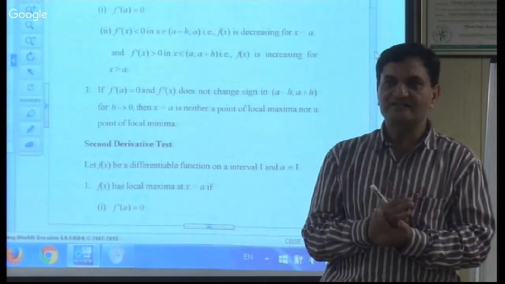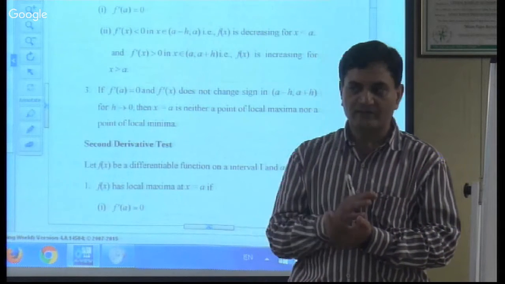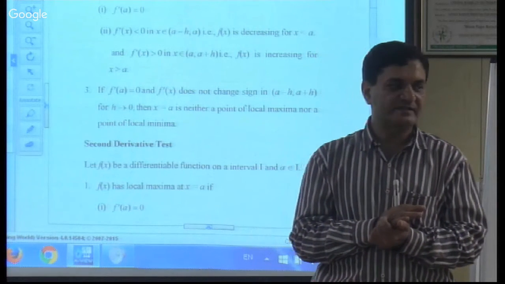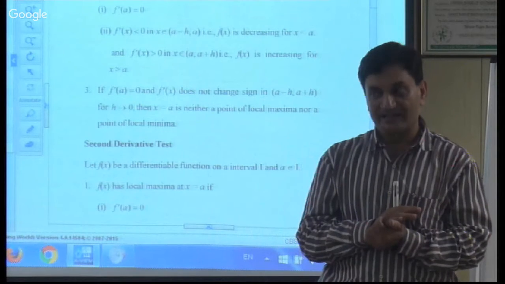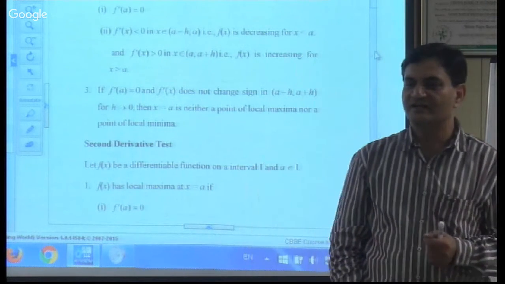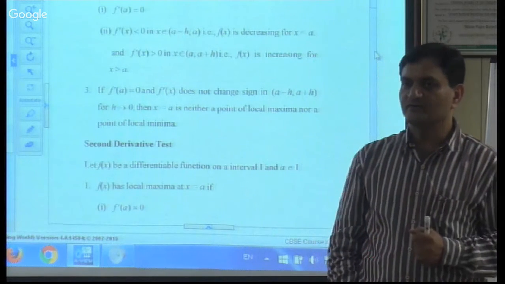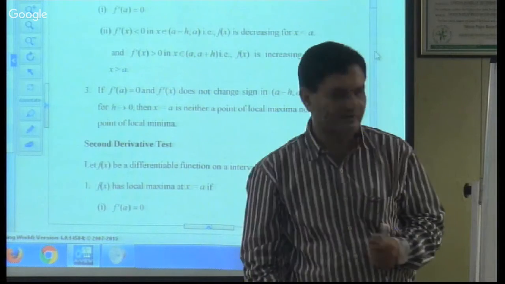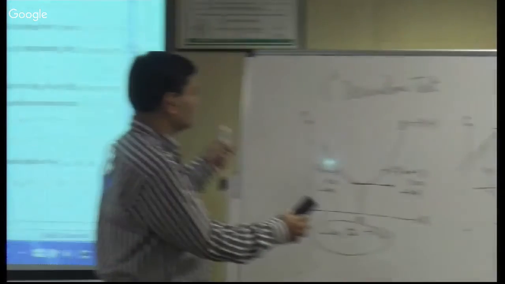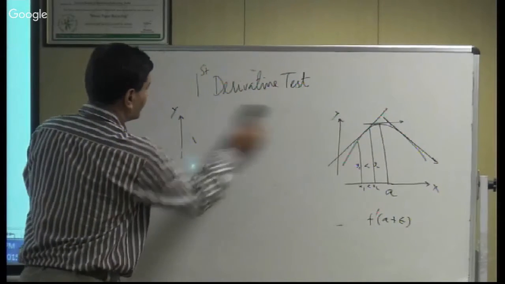So in that case, it is neither a point of local maxima nor a point of local minima. That is the case of a point of inflection. This is known as a point of inflection. You can consider a function, let us say y equal to x cube. For f of x equal to x cube, find out whether you have a point of local maxima, local minima, or a point of inflection.